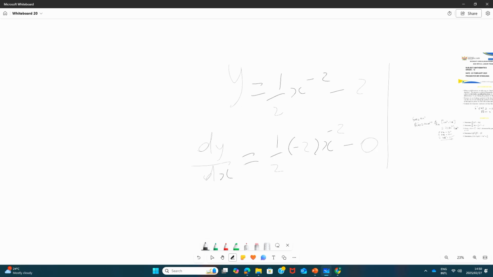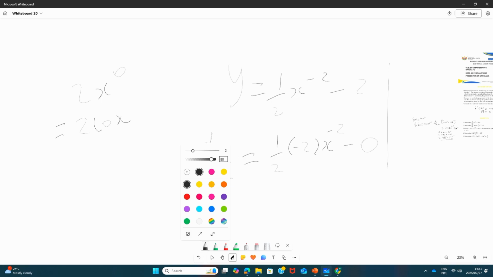How is it 0? Because I said I was going to show you later on. It's 0 because if you look at 2, 2 has a base that is x, if you can write it in that case. Remember we said that 2x to the power 0 is 2 because x to the power 0 is a 1. So if you differentiate this one, it will be 2 into 0, x to the power 0 minus 1.